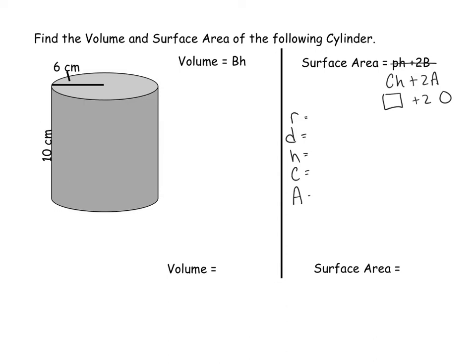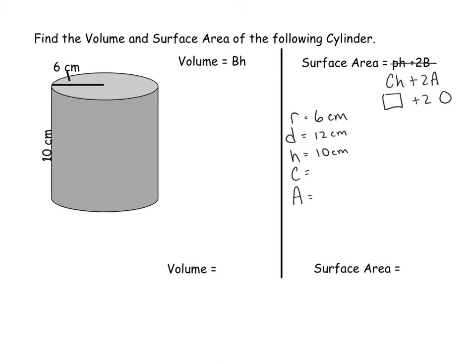Now looking at our cylinder, 6 centimeters, that goes from the middle out to the edge. And so that there is the radius, 6 centimeters. So that means that the diameter would be 12 centimeters. The height is the distance from the top to the bottom, so that is 10 centimeters.